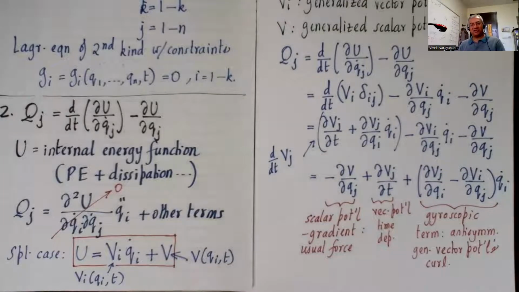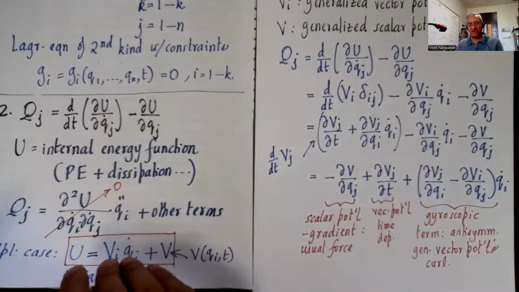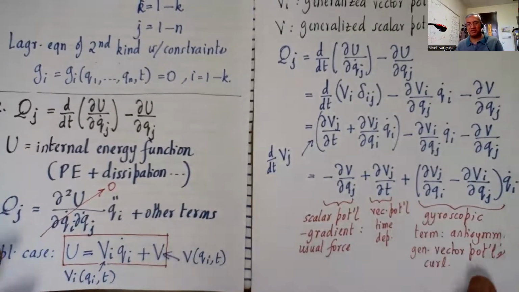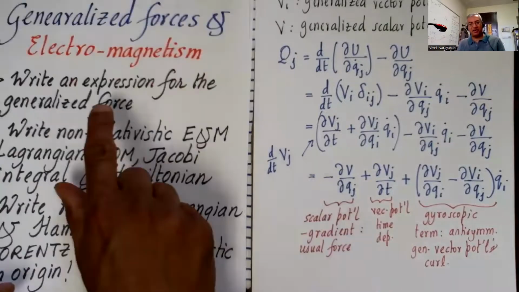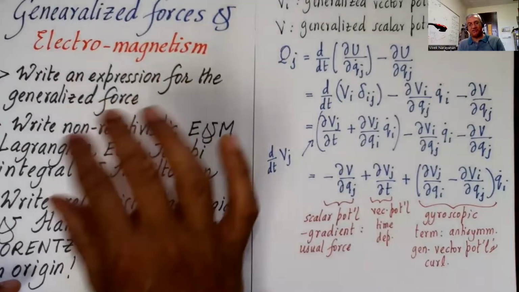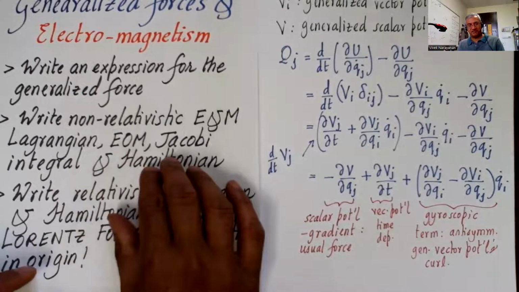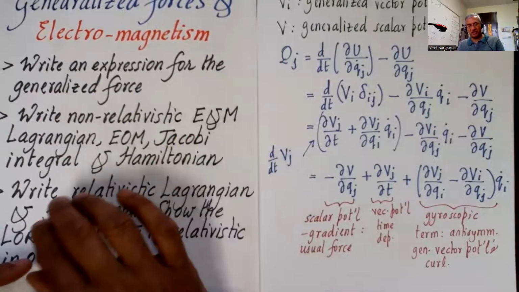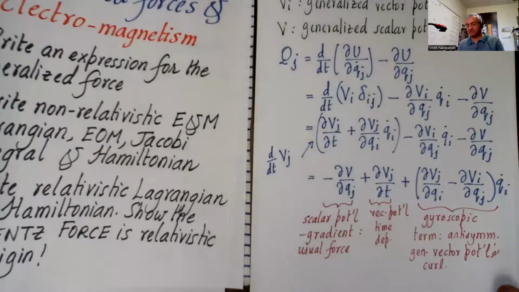I think this is as far as we need to go; this is the theory we need for our ultimate aim. So we have finished the first part, write an expression for the generalized force, which will be used to write the non-relativistic E&M Lagrangian, the equations of motion, the Jacobi integral, and Hamiltonian. I'll talk about the Jacobi integral as well.